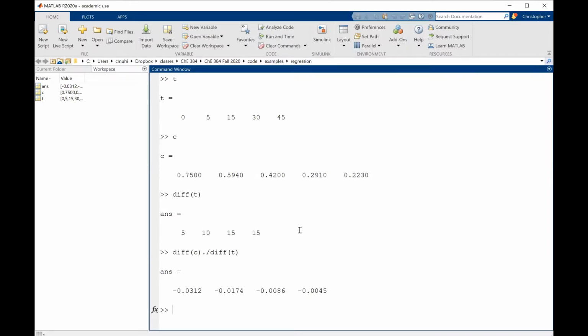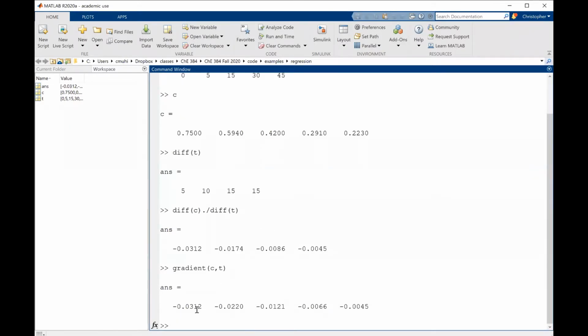That way we have the same number of data points as we originally had. So we can say gradient of our function values, comma, our x values, and we'll get our derivatives.